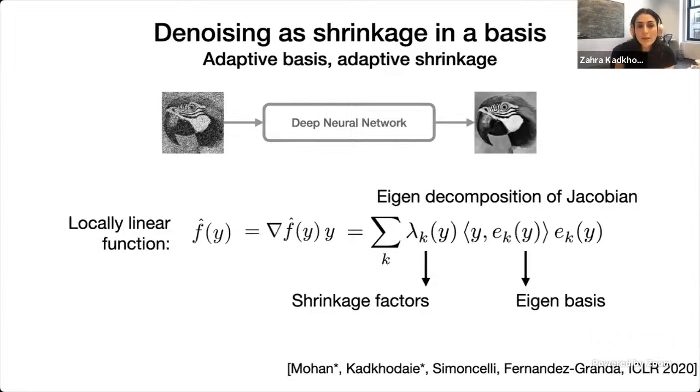So they act as shrinkage factors, and then it's going back to the pixel domain. So in this case, we have shrinkage in a basis, but both the basis is adaptive to the image, and the shrinkage function is also adaptive to the image. And this is why the DeepNet denoisers are so powerful, because of this adaptivity.